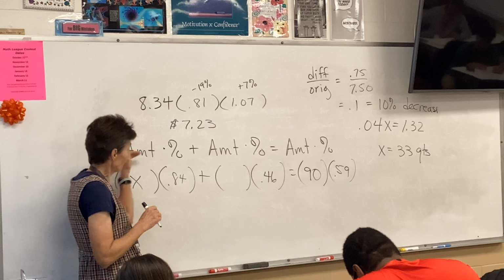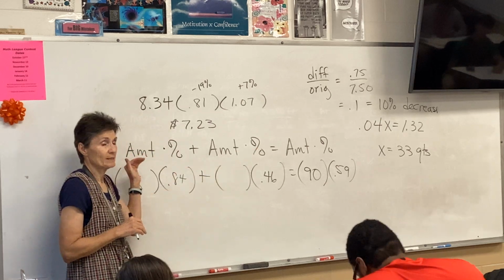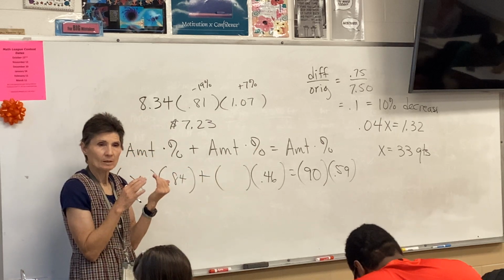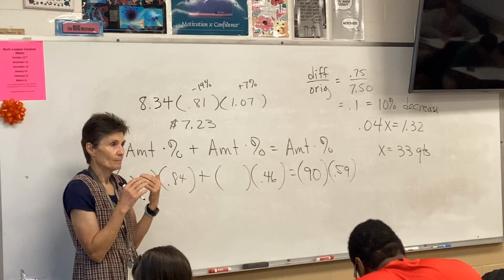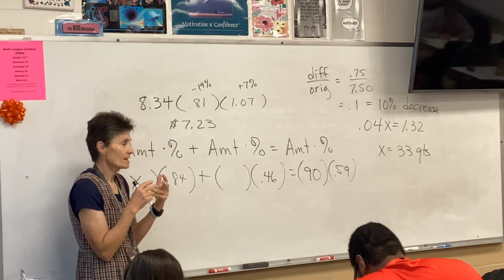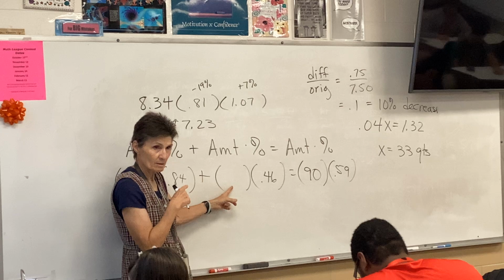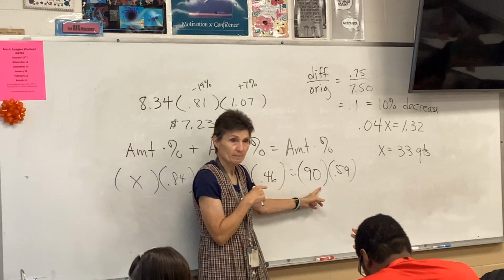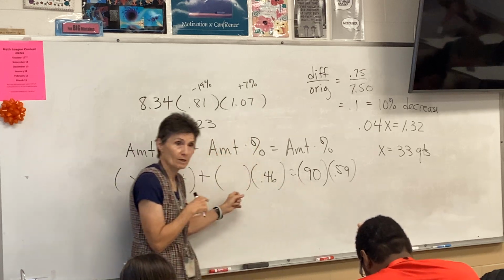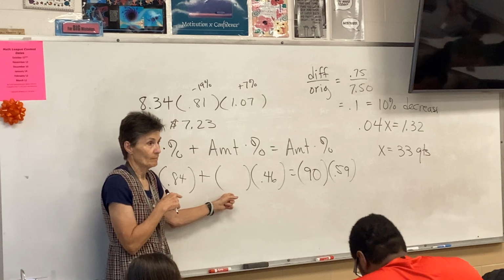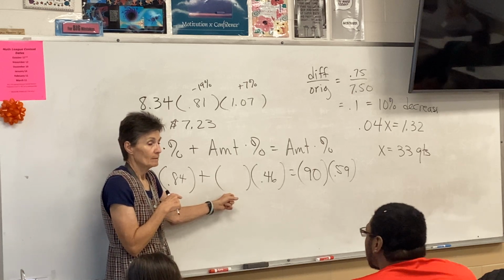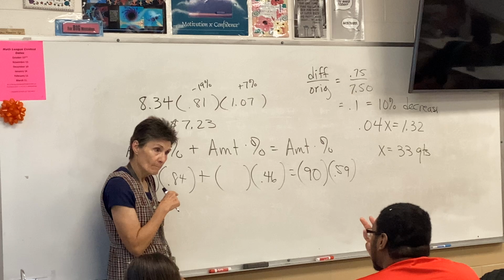Now, the general format is the same as the other one we did, but you see what's different about it? Last time, we knew that number, and we didn't know that one. Now we know this one, and we don't know this one, okay? We're on number 4.